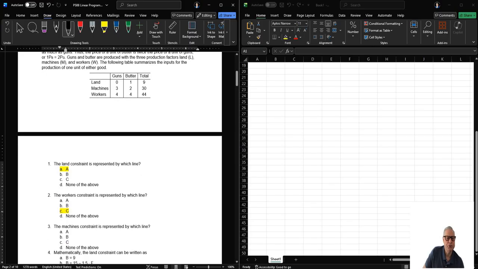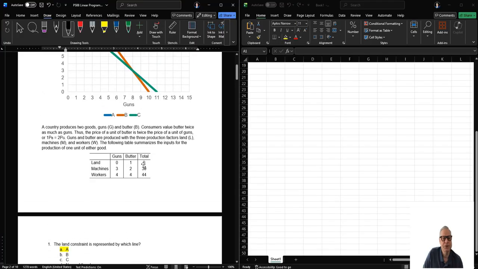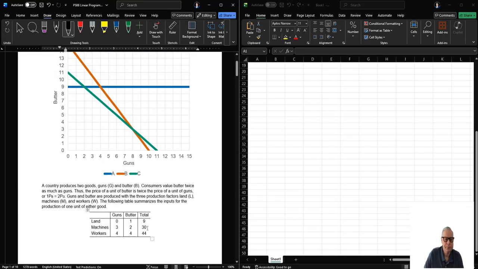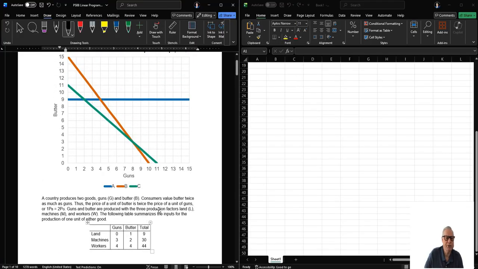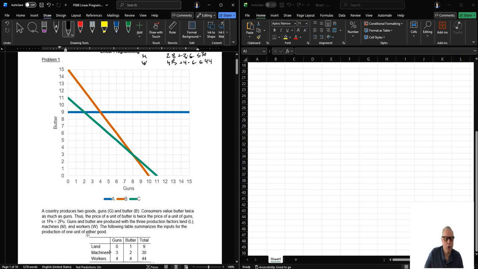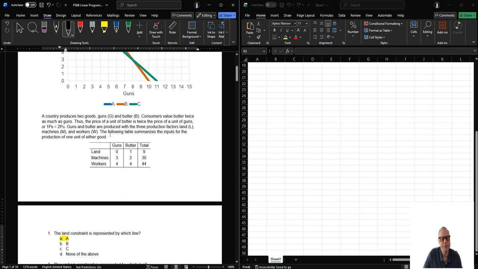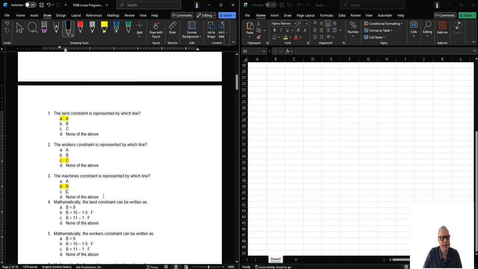And the machines constraint, well, that should be B. But let's double check. We have 30 machines. If you use up all your machines to produce guns, I could produce 30 over 3, so that's 10. And if I use up all my 30 machines to produce butter, 30 divided by 2, that's 15. Okay.